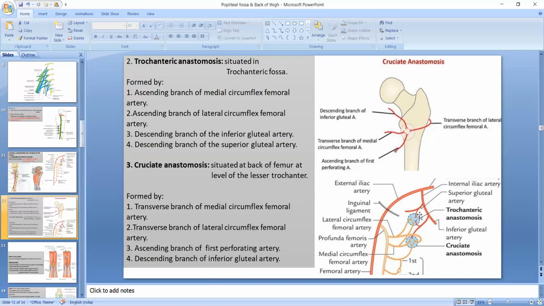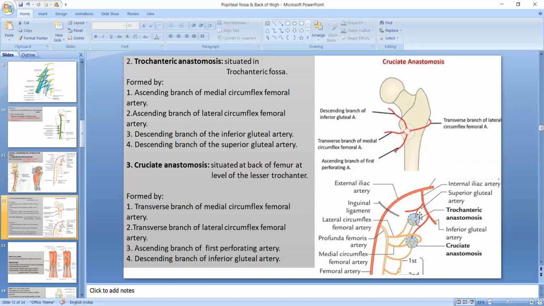We can see here that the neck of the femur is vascularized by anastomosing branches from the profunda femoris artery, and the profunda femoris gives off a lateral circumflex and a medial circumflex femoral artery. The lateral circumflex femoral artery bifurcates, giving rise to the ascending, descending, and transverse branches.